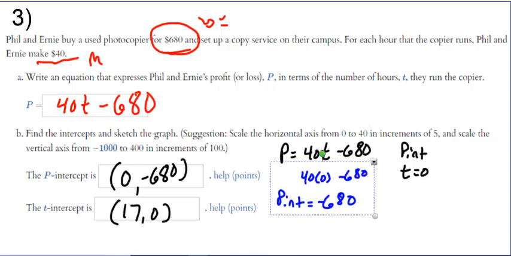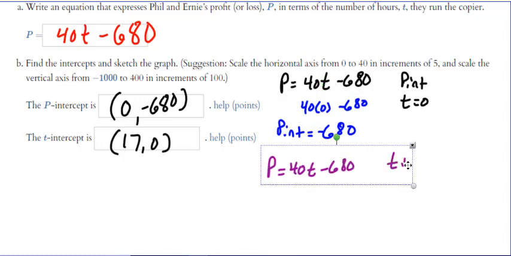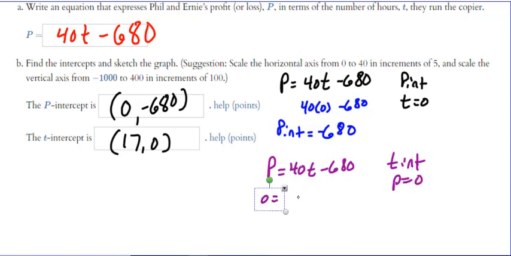Now, if I want the t-intercept, that's when p equals 0. If I substitute 0 there, that's 0 equals 40t minus 680. If I move my 680 to the other side, that's positive 680 equals 40t.